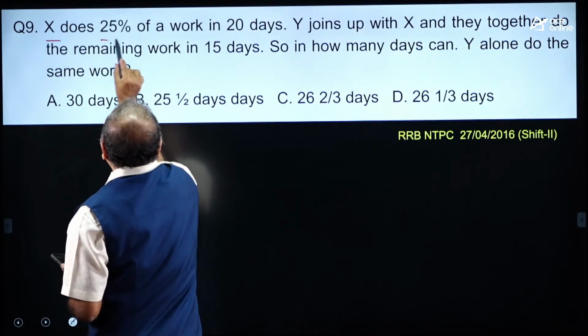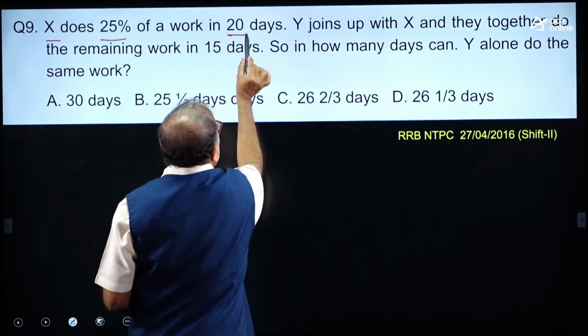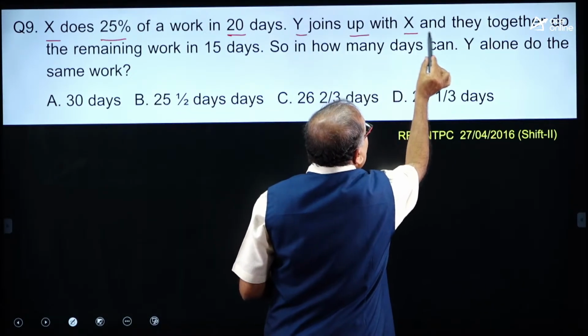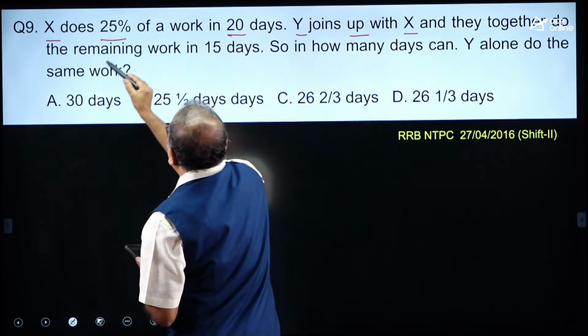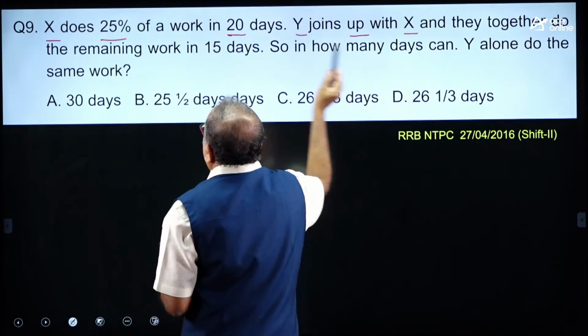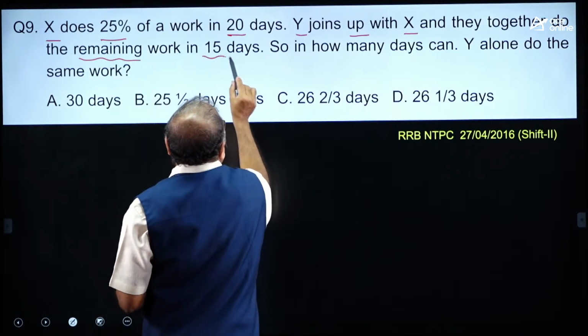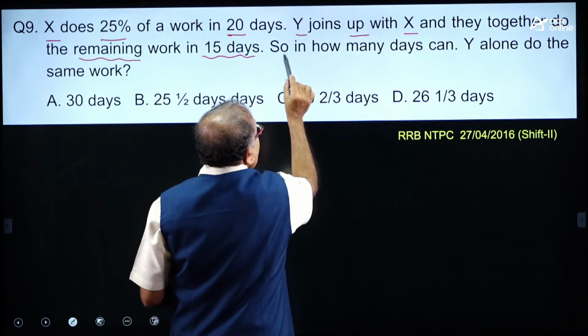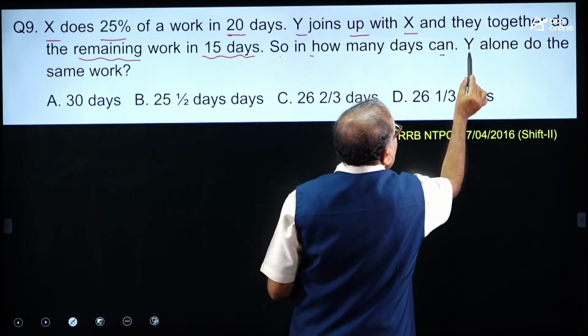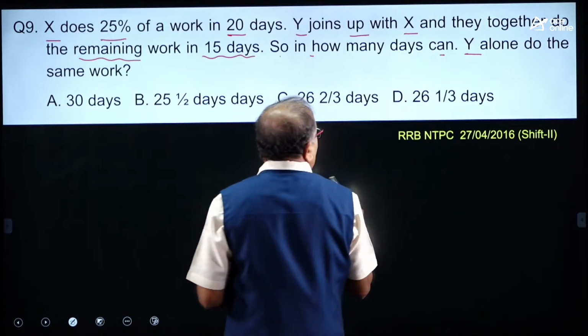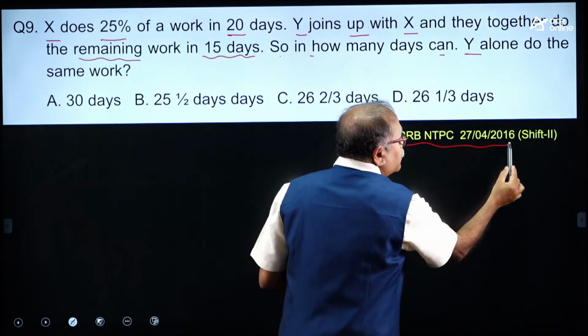X does 25% of the work in 20 days, then Y joins X and together they do the remaining work in 15 days. In how many days can Y alone complete the same work? You can see that it is a previous year question.